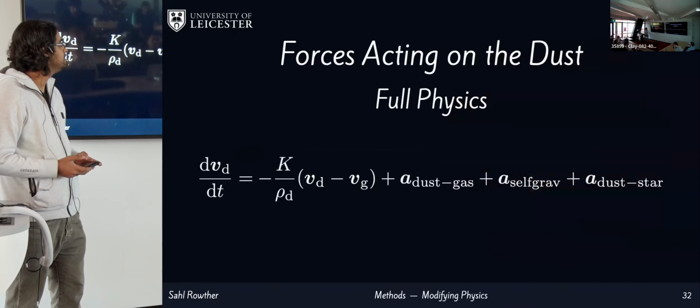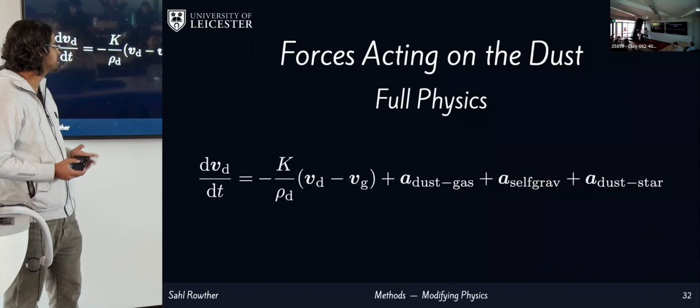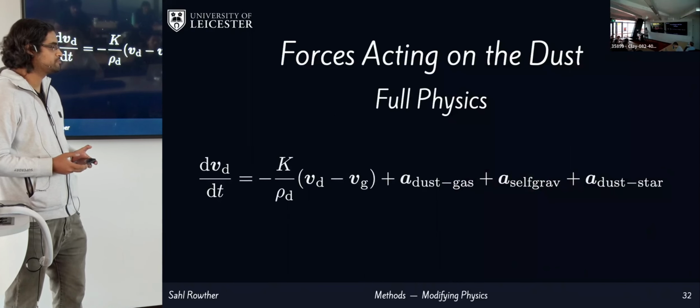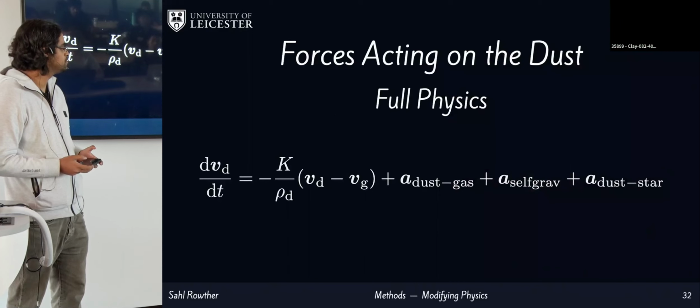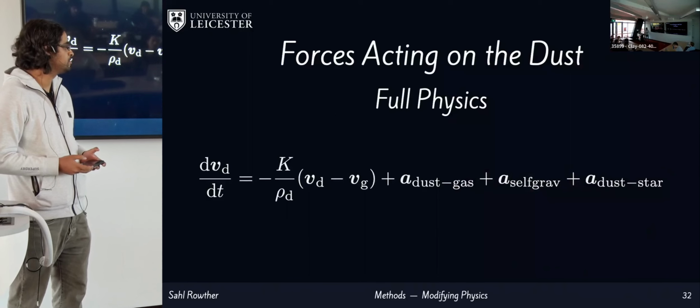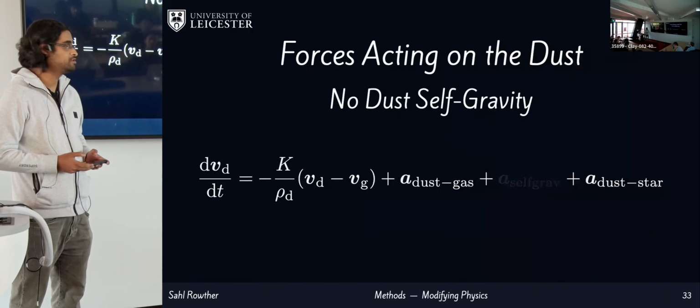In math form, the dust motion is governed by these four terms, where from left to right it's the drag force, the acceleration from the gas onto the dust, the acceleration from other dust onto dust, the dust self-gravity, and the acceleration of the central star on the dust. So with the full physics, it was all four terms.